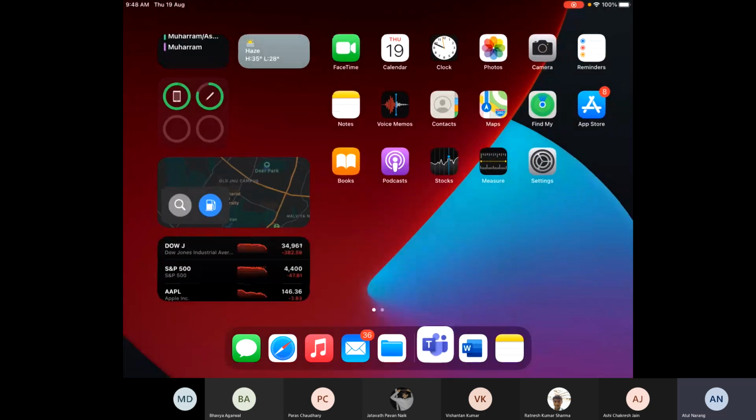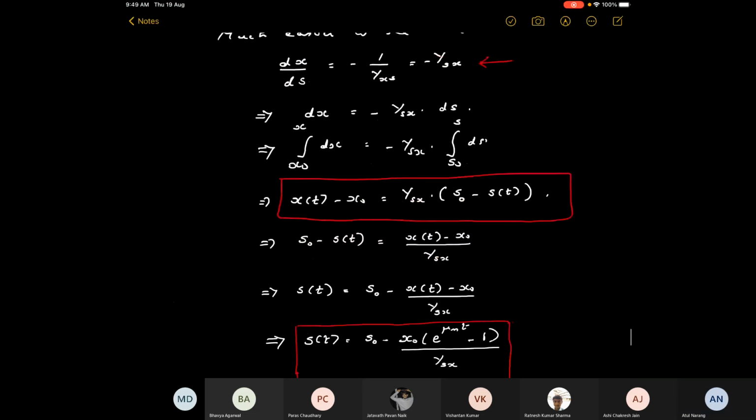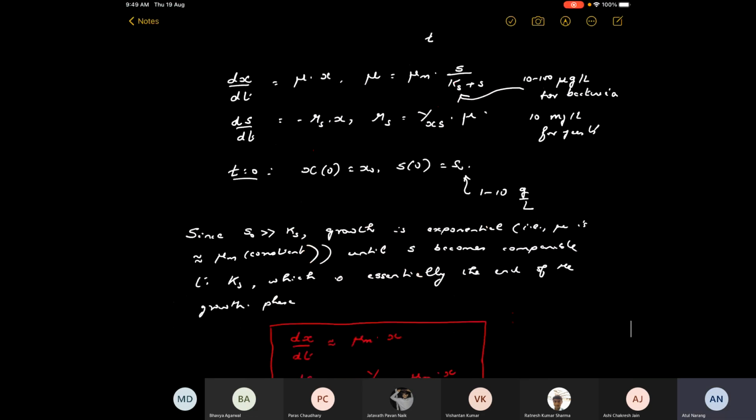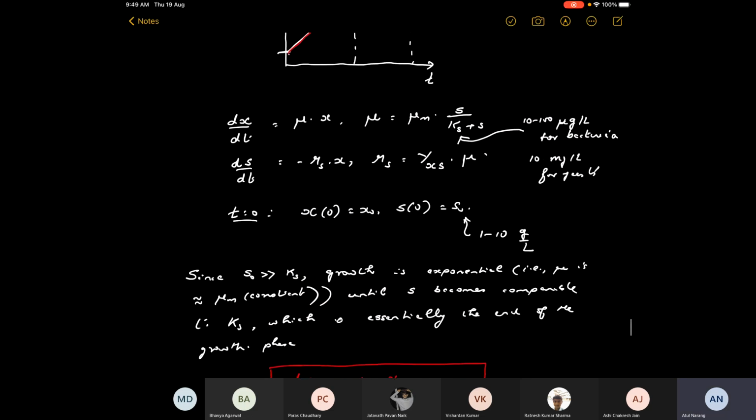So let me go back. I mentioned that the specific growth rate is actually mu m times S over Ks plus S, but we have simply assumed that this ratio is equal to 1.